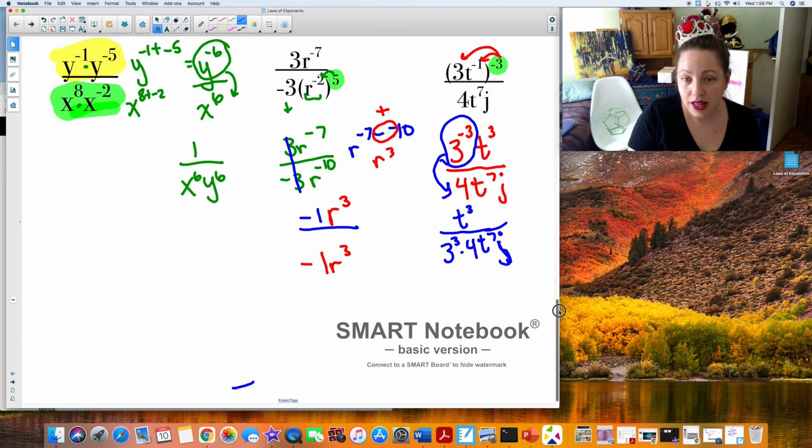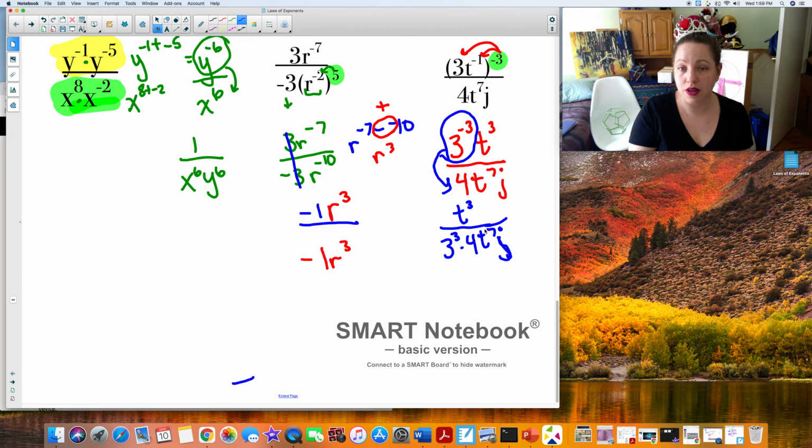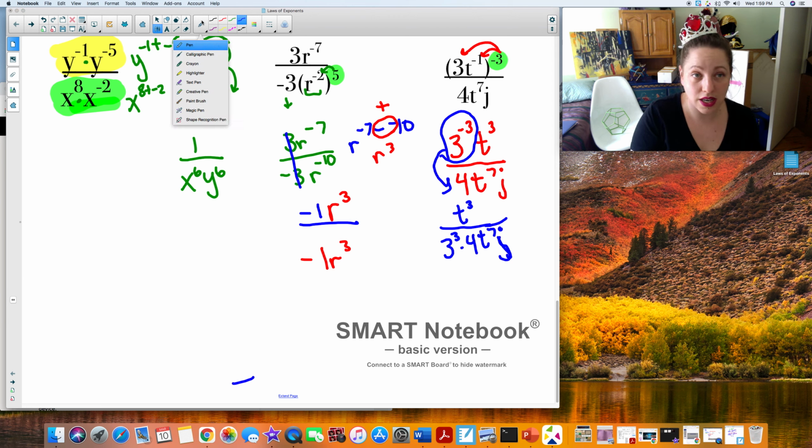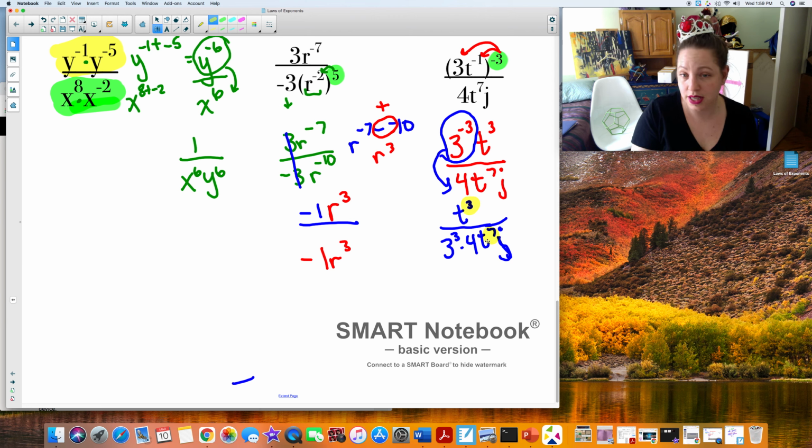Okay. Last thing we want to simplify now is we have t's, and I know this is a lot, so pause it, take your time, make sense of it. Okay, the same base has an exponent. I subtract because I'm dividing, so 3 minus 7 is negative 4, meaning it's going to go to the bottom of the fraction.